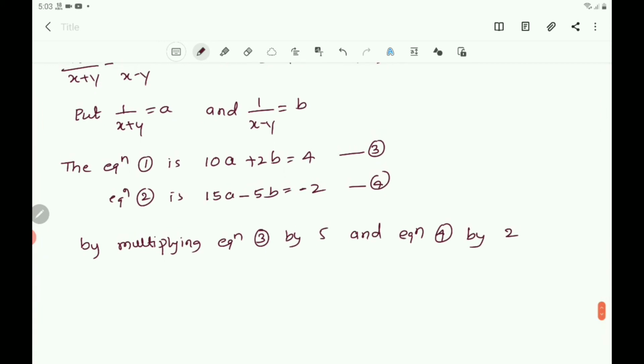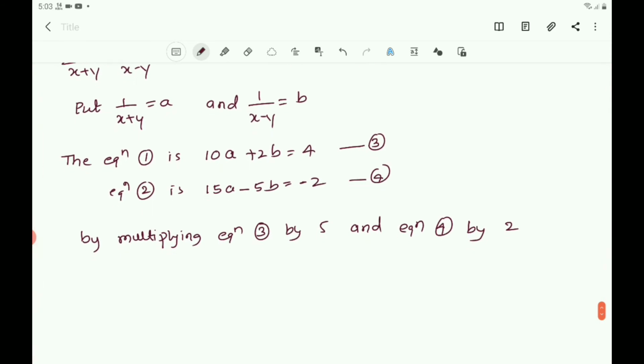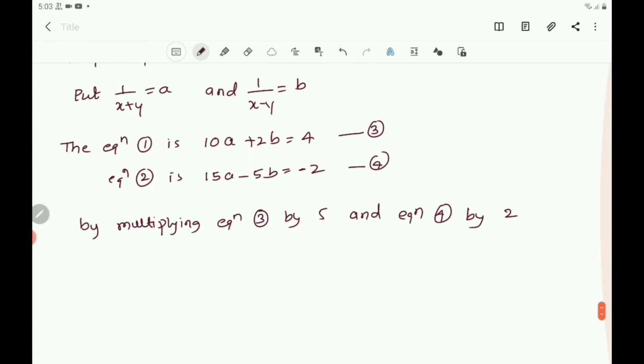Multiply equation 3 by 5 and equation 4 by 2. Then it is 5 into 10a plus 2b equals 5 into 4. That becomes, multiplying each term by 5, 5 tens are 50a plus 5 twos are 10b equals 20.